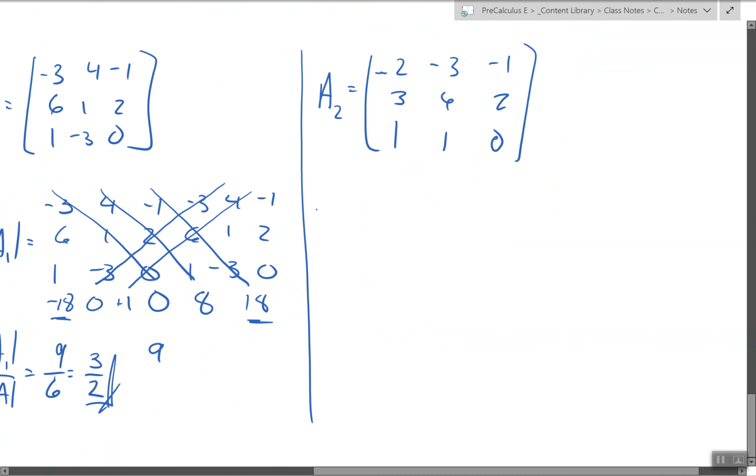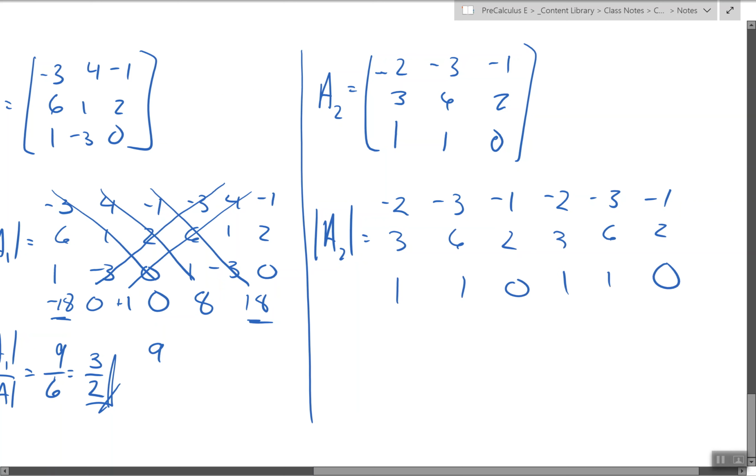So to do the determinant, we will rewrite that. Double copy: 3, -1, -2, -3, -1, 3, 6, 2, 3, 6, 2, 1, 1, 0, 1, 1, 0.